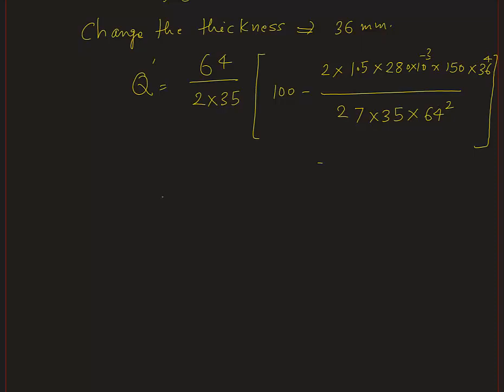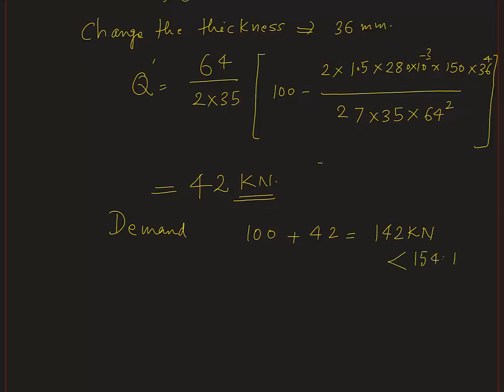So you can calculate this value for Q. This is 42 kilonewton. So in this case, now my demand will be 100 plus 42, that is 142 kilonewton, which is less than 154.22 kilonewton. So in this case the bolt is safe.